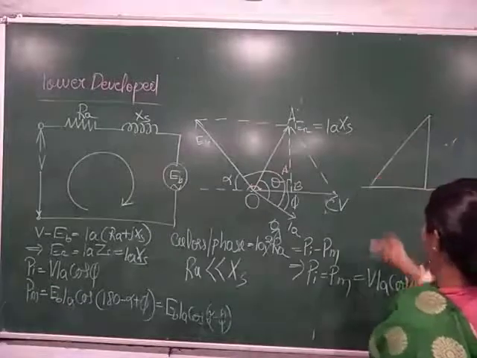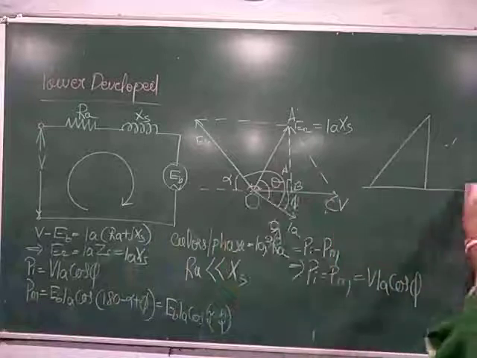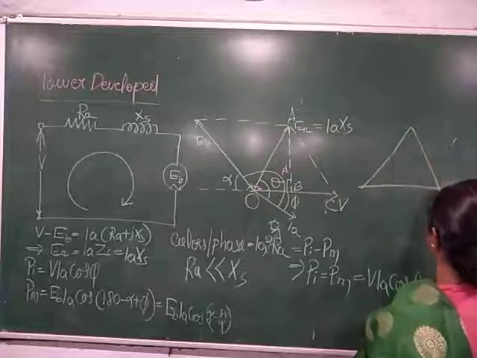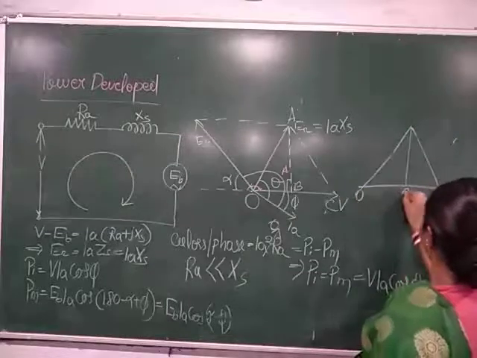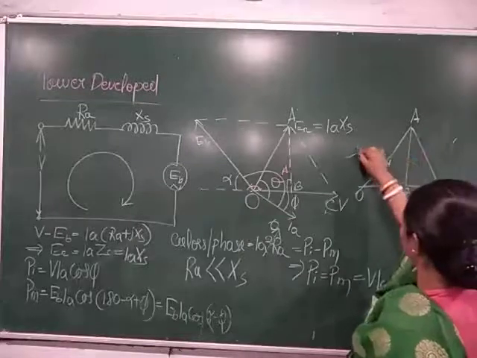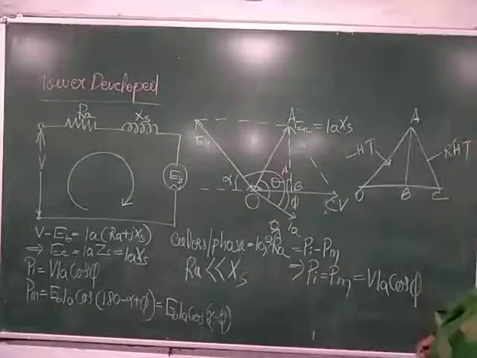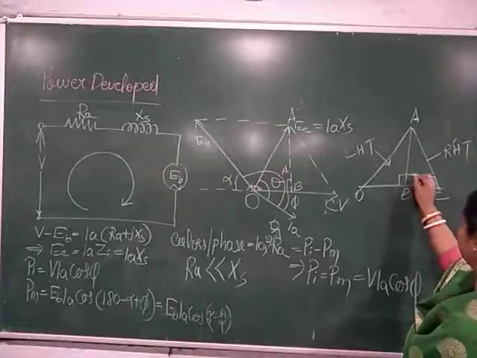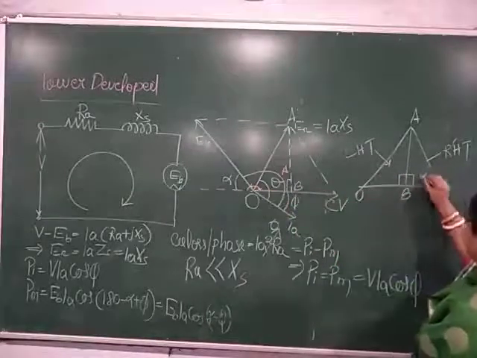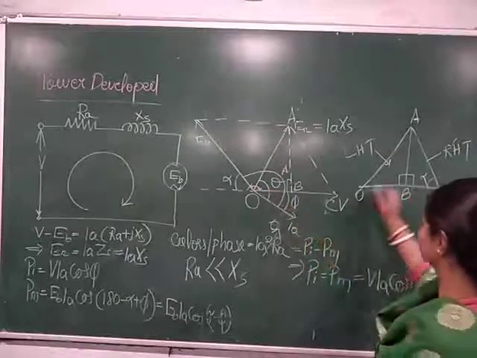This is the left hand side triangle, and this is the right hand side triangle. This is 90 degrees, this one also 90. This angle is alpha, so this angle is also alpha. And this angle is 180 minus phi.